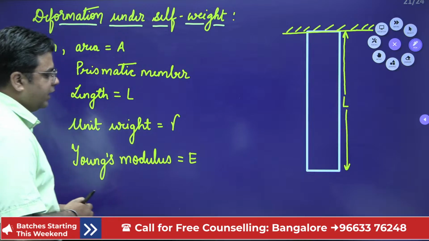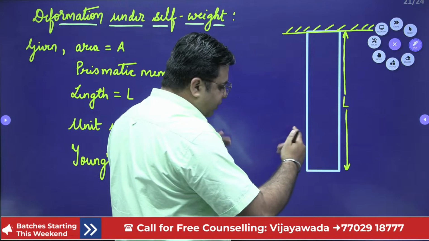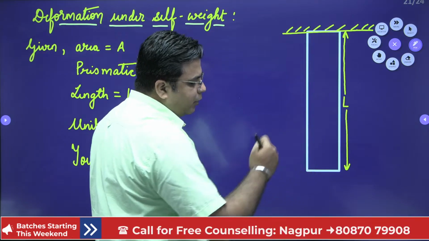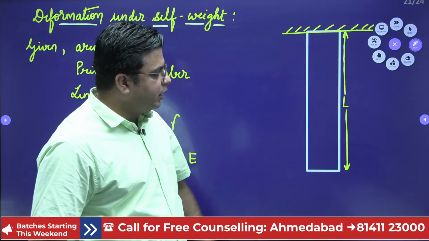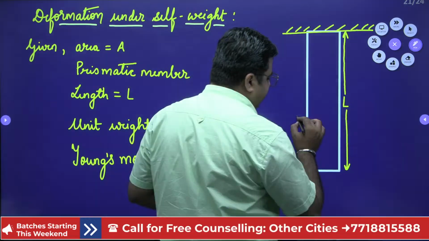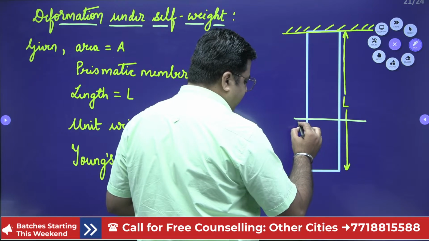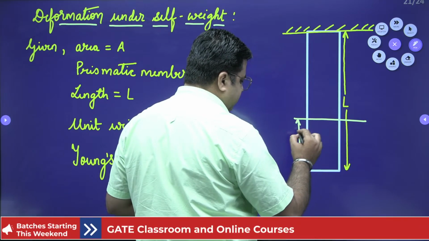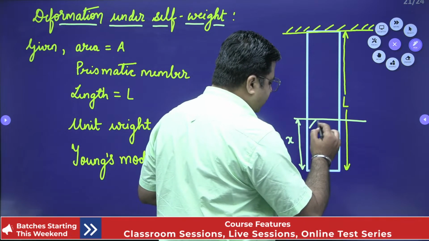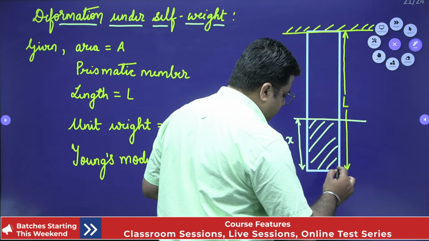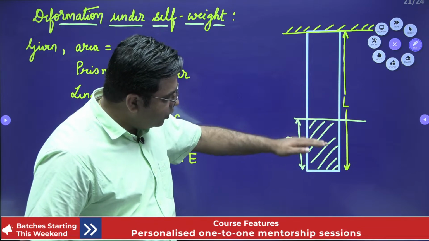So if you consider any previous example, you will find that if we are calculating the elongation for a particular member, from starting point till the end point of the member, the load acting is the same. But for this member, if you go at any height, say this is some height x, the amount of load acting will be the weight of this member which is hanging below it.